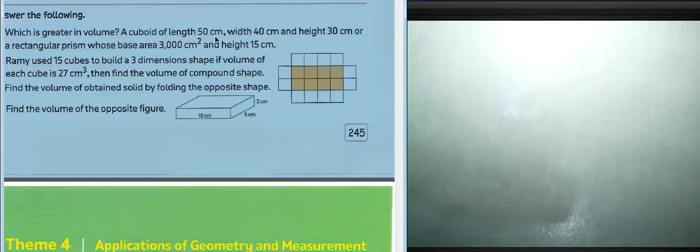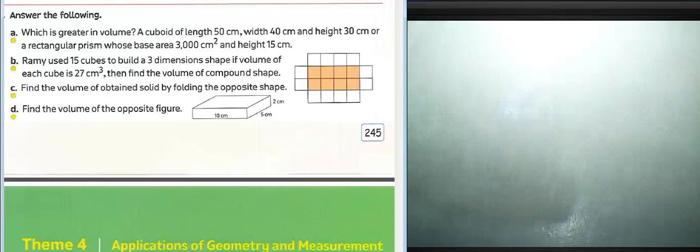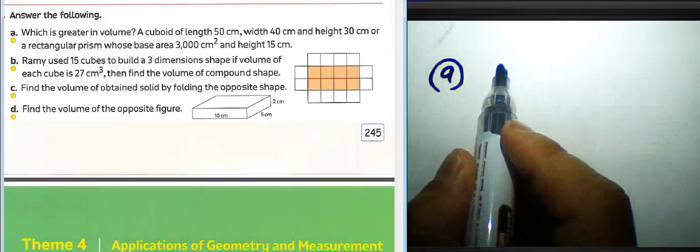A cuboid of length 50 cm, width 4 cm, and height 30 cm, or a rectangular prism whose base is 3000 cm square and height 15 cm. We can compare between them by finding the volume of the first and the volume of the second. Look at here.